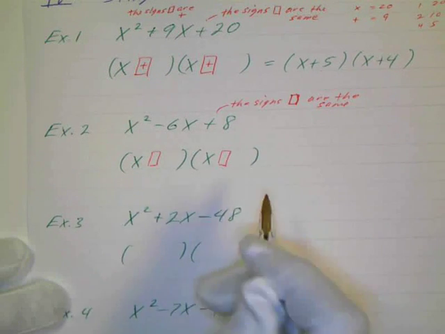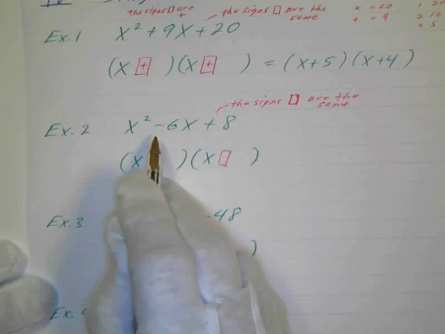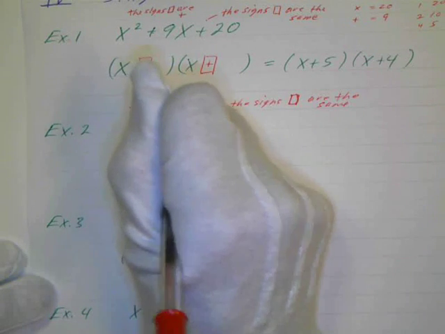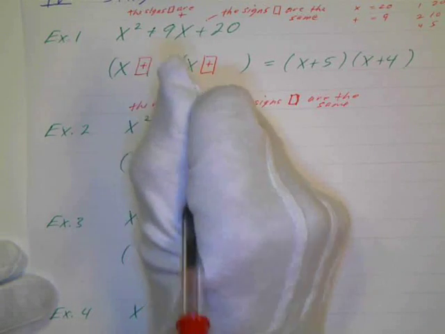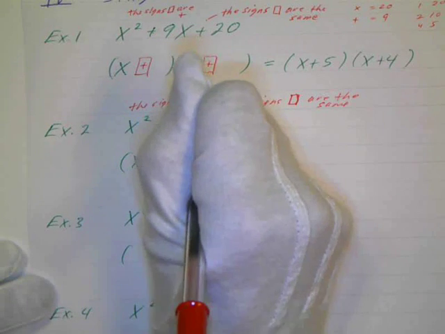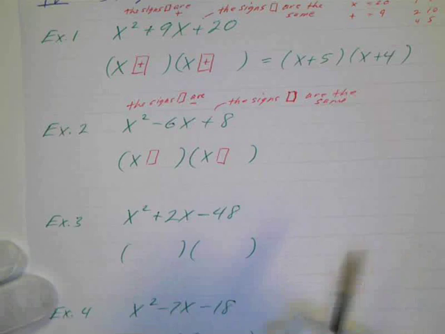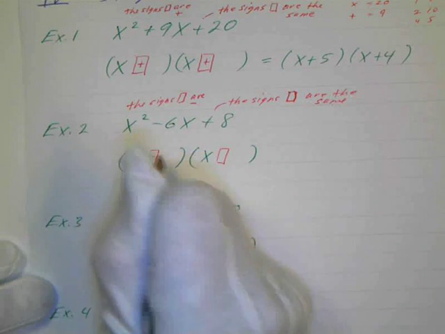That's the only way to get a positive. And this tells me what they are. In this case, they're both negative. So the signs are negative because this is negative. So I know my signs are going to be negative, negative.